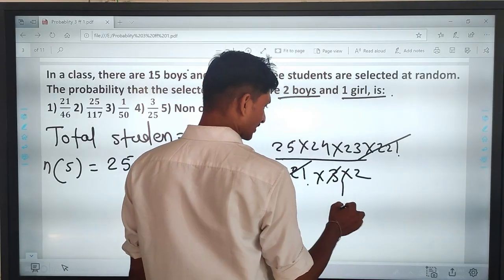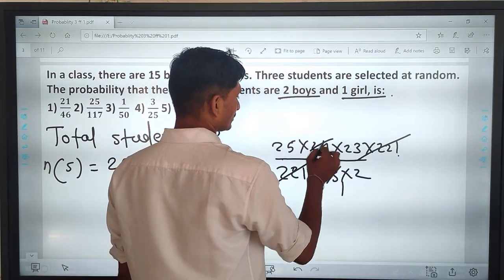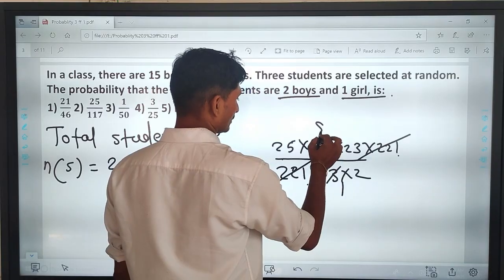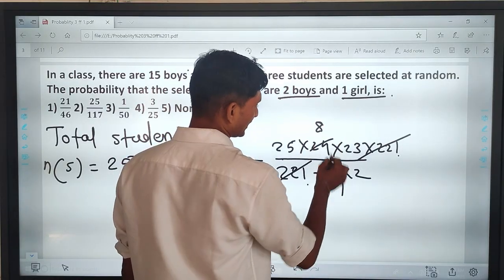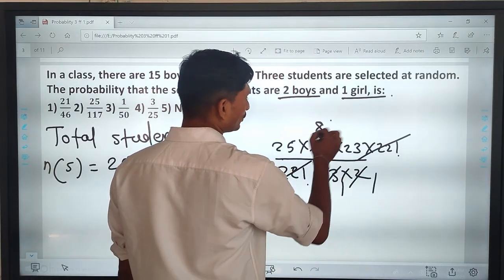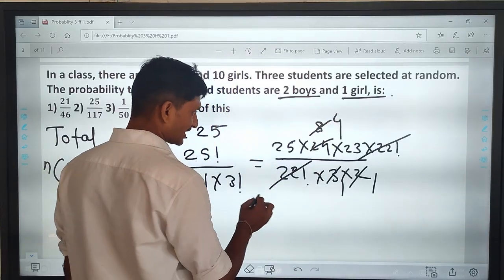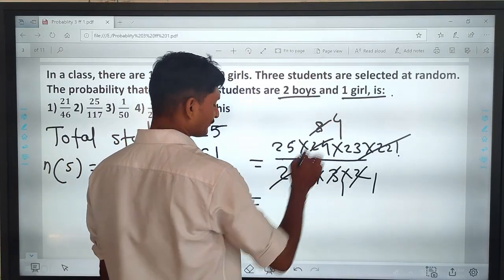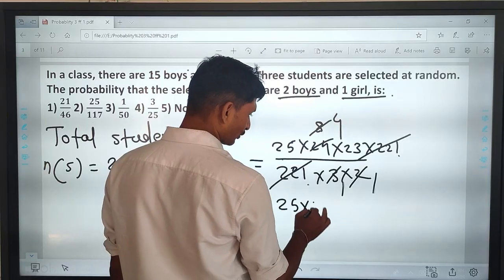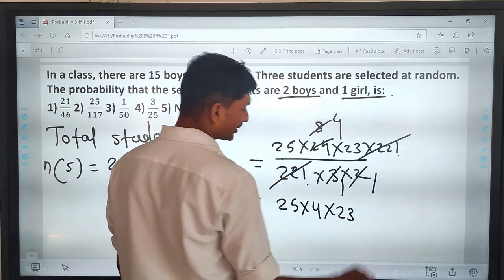Then 3 ones are 3. 3 8s are 24. Then 2 ones are 2.